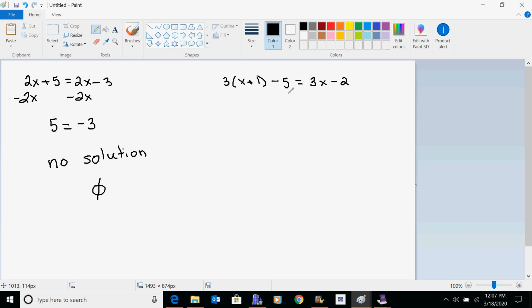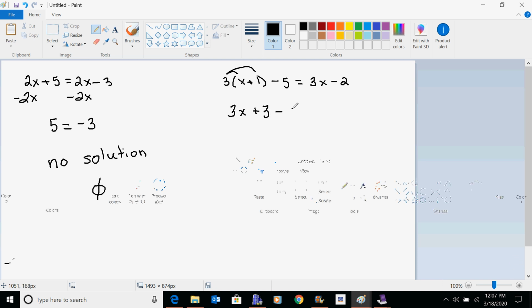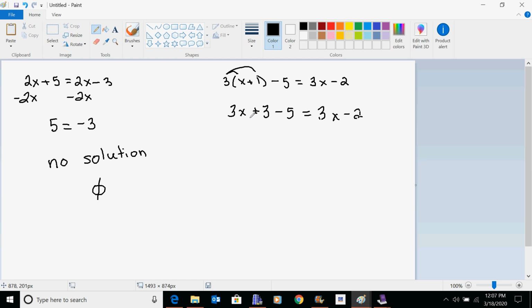Over here, we could try to move over, but this has to be taken care of. We need to distribute this 3 before we can go on. You've got 3x plus 3 minus 5 equals 3x minus 2. When we try to simplify this further, we get 3x minus 2 equals 3x minus 2.